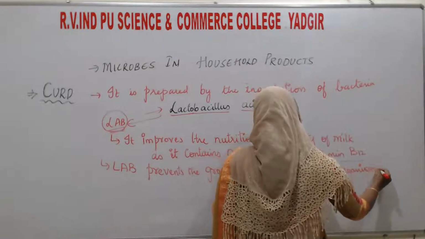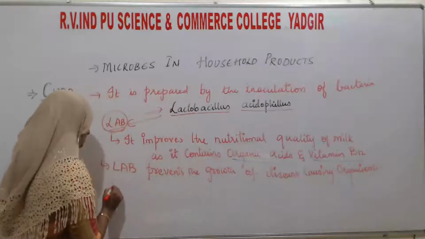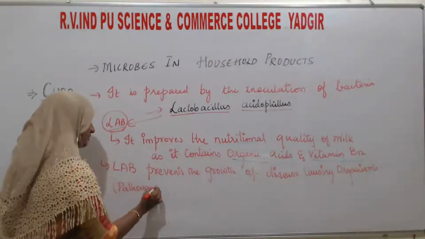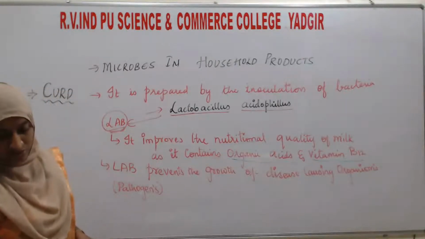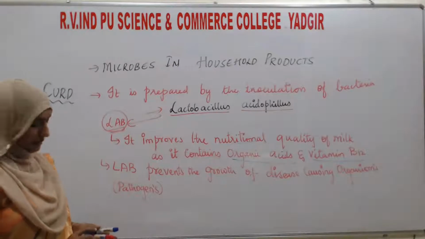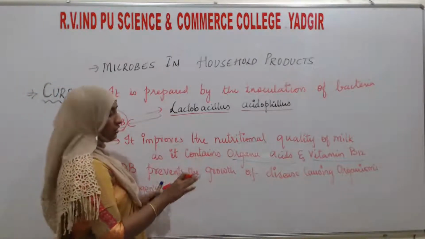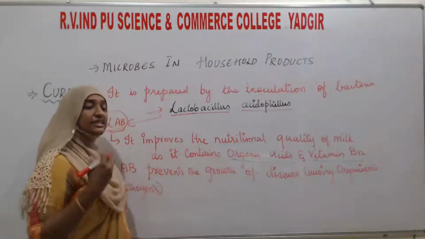Disease causing organisms here means the pathogens. So, in our body, where is it going to prevent the growth? It will stop the growth of certain organisms which are causing the diseases.